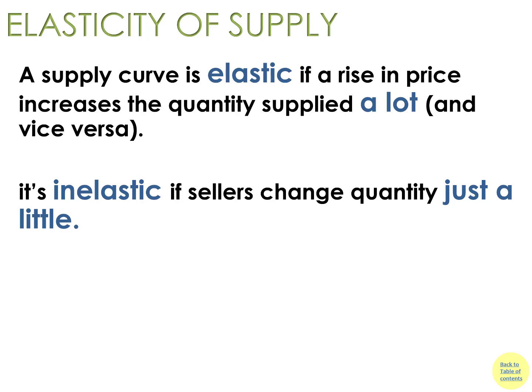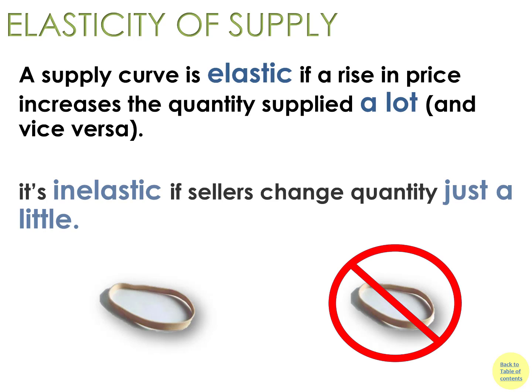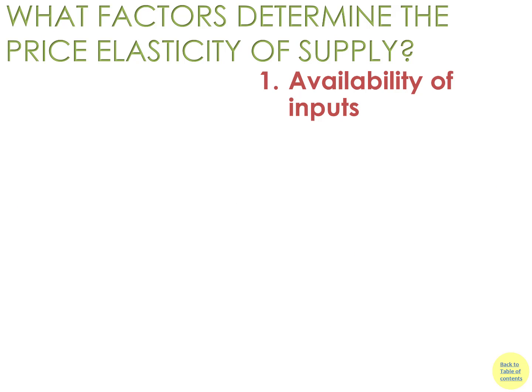And inelastic if the price change doesn't cause much of a difference in quantity supplied. Again, it's that idea of rubber bands, right? Inelastic would be not very stretchy, not very responsive. Elastic is very responsive.